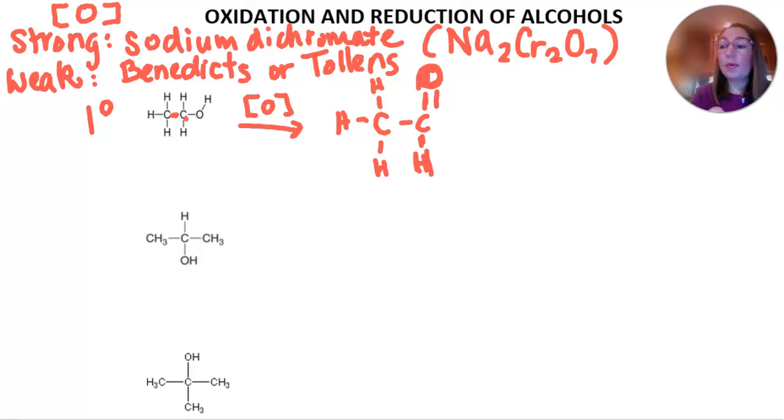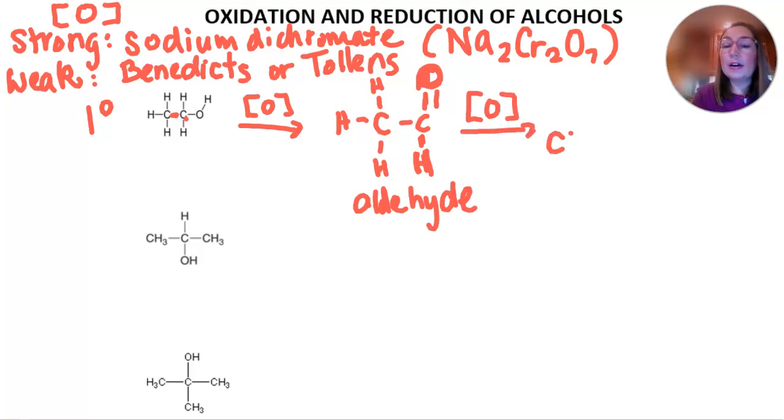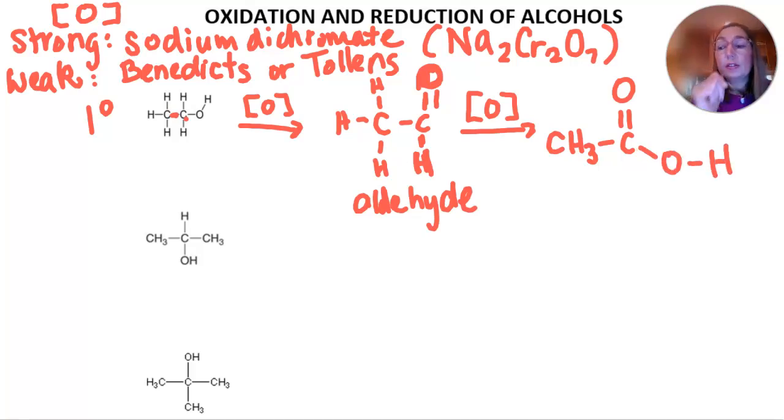So first, we can oxidize the primary alcohol to an aldehyde. And then it oxidizes even further, from the aldehyde all the way to the carboxylic acid. So we can oxidize a primary alcohol first to the aldehyde and then to the carboxylic acid.